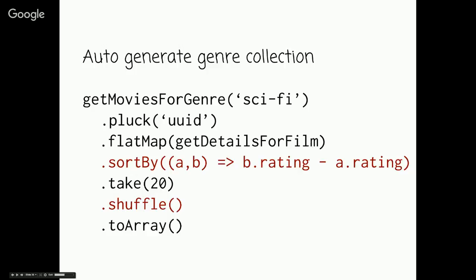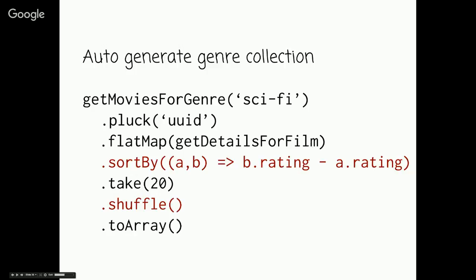Okay, so now I'll talk about the genre collection. If you remember, all that we specify is a genre name, and that auto-generates a list of movies. So this is how it works. The first function here, get movies for genre sci-fi. There's an API which we can use to get all the movies filtered by genre type.